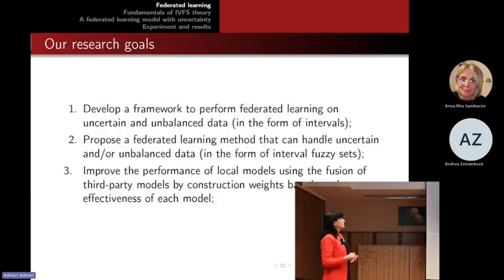So we want to propose a federated learning method that can handle uncertain and at the same time unbalanced data. We use interval valued fuzzy set theory for a good representation of uncertainty. We want to improve the performance of our local models using different aggregation or fusion methods, and we compare the effectiveness of these aggregation methods.